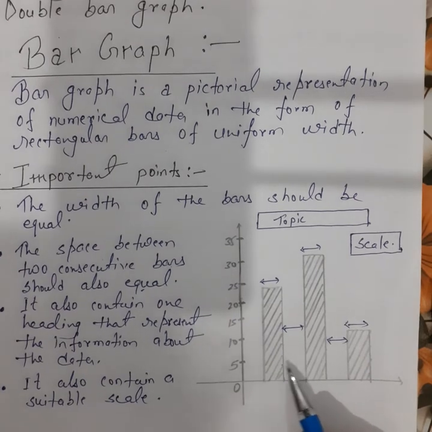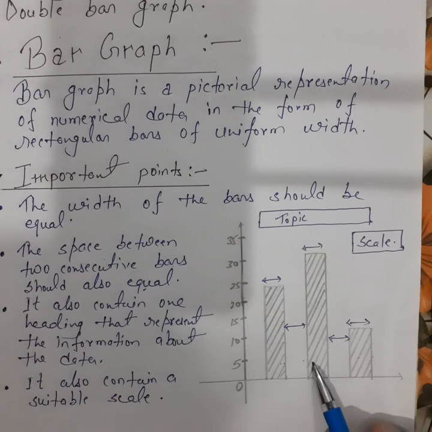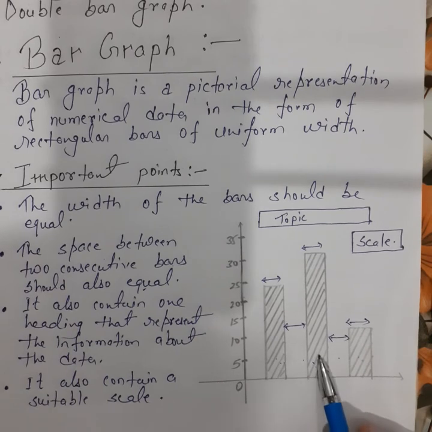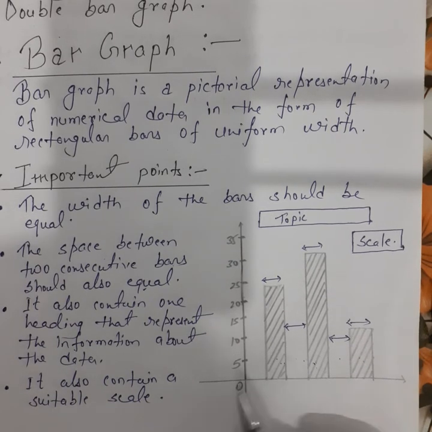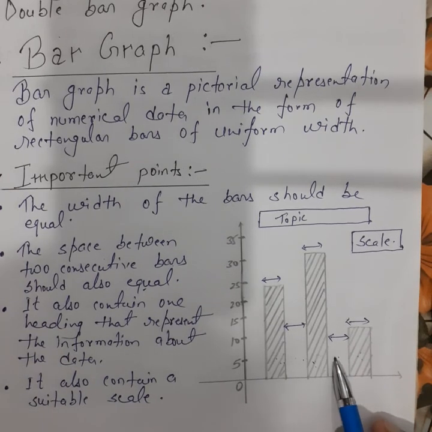If we leave one box here, the space between the next consecutive bars should also be 1 unit. If the space between the first two consecutive bars is 1 unit, then the next space between the next consecutive bars should also be 1 unit.